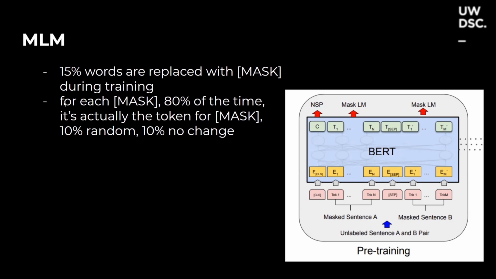It is important to note that for each mask, not 100% of them actually use the mask token. 80% of the time it is, but 10% of the time it's just a random token and 10% of the time we're using the original token of the sentence.